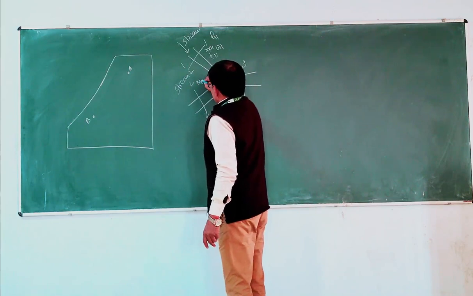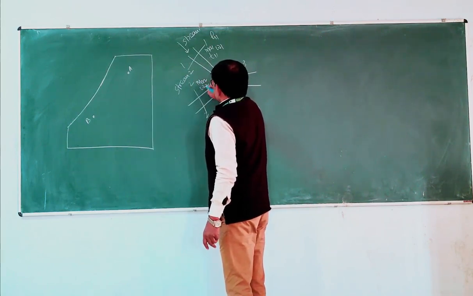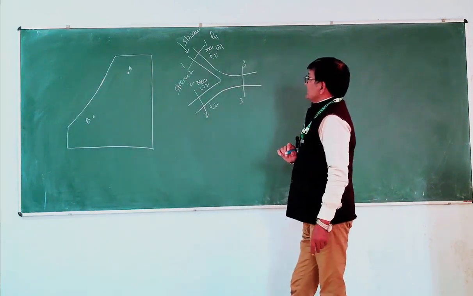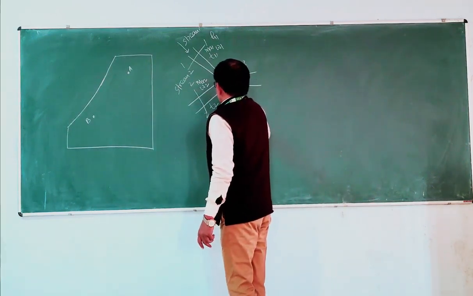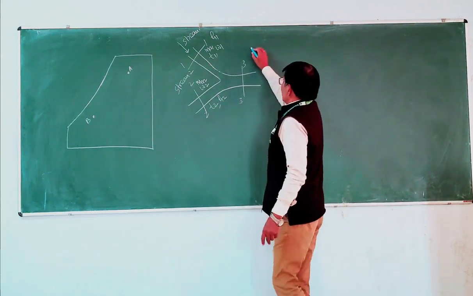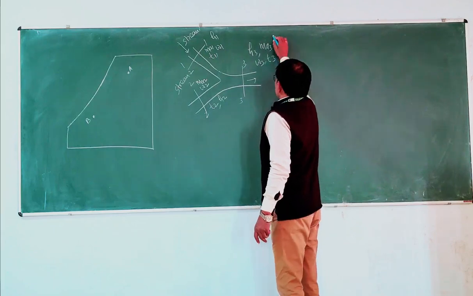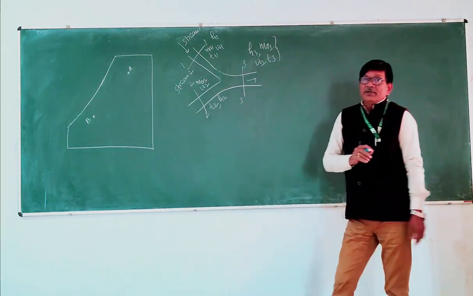Here MA2 is the mass flow rate, omega 2 is the specific humidity, T2 is the dry bulb temperature, and H2 is the enthalpy. After mixing it will become H3, MA3, omega 3 and T3. These we have to find from the psychrometric chart also.